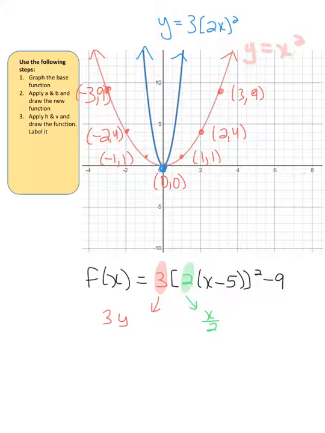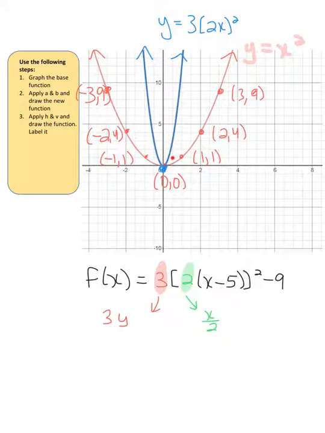The point 1, 1, my next point here, I am going to multiply the y value by 3, and I'm going to divide this 1 by 2. So that means the x value of 1 now becomes an x value of a half, and the y value is now 3.